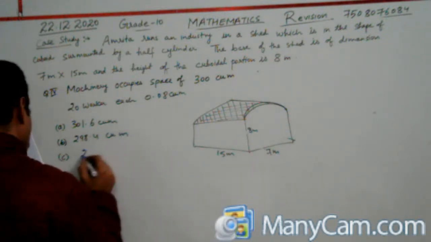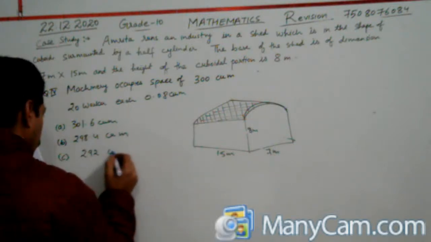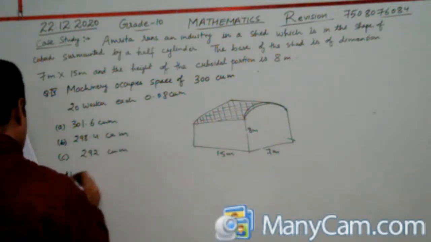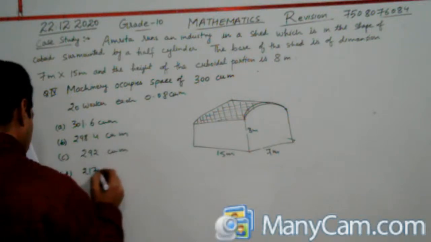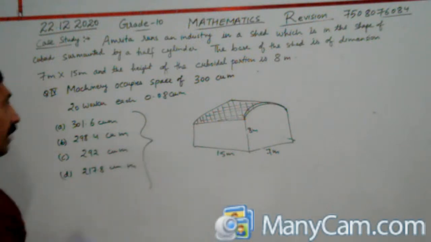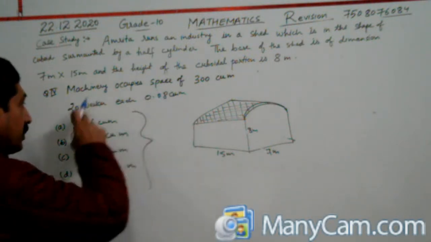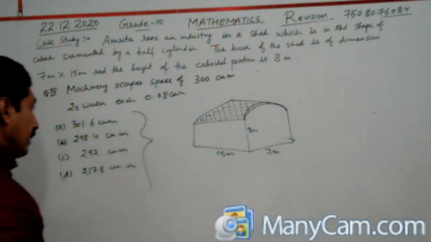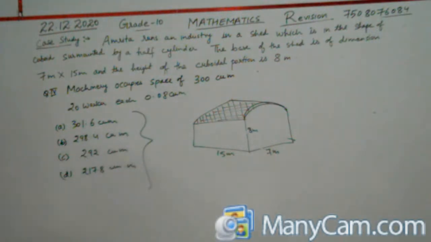C, 292 cubic meter, and D, 218 cubic meter. So here you have to multiply by 20 and add, and then subtract from the total volume of the shed. We have found the total volume of the shed, right?